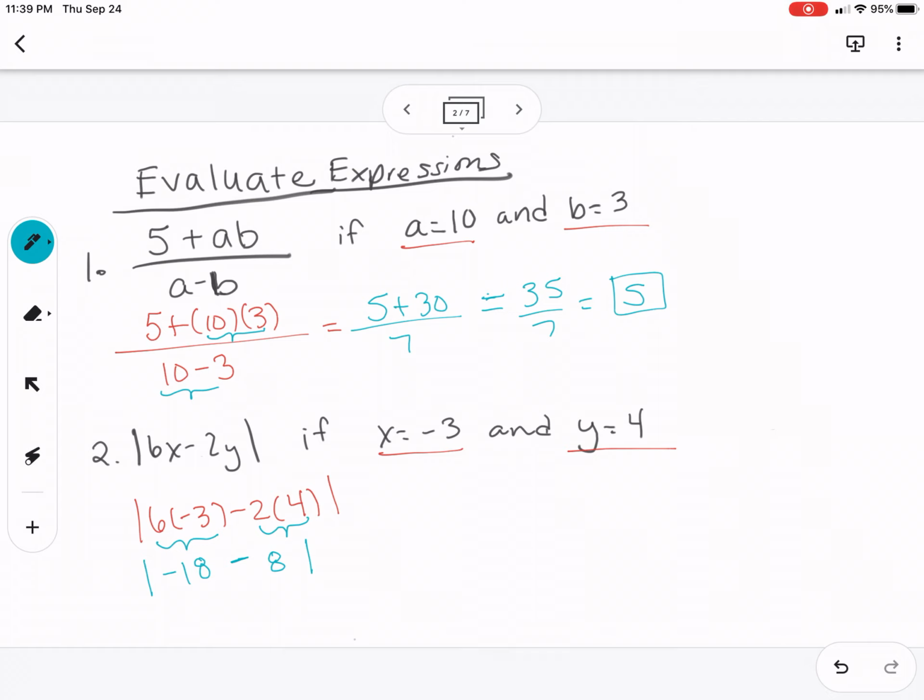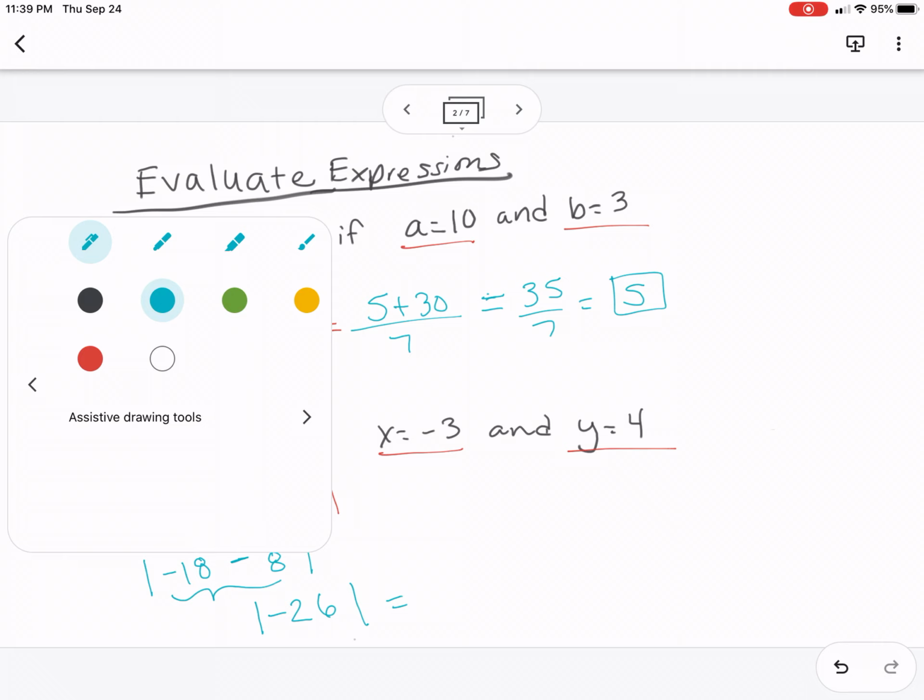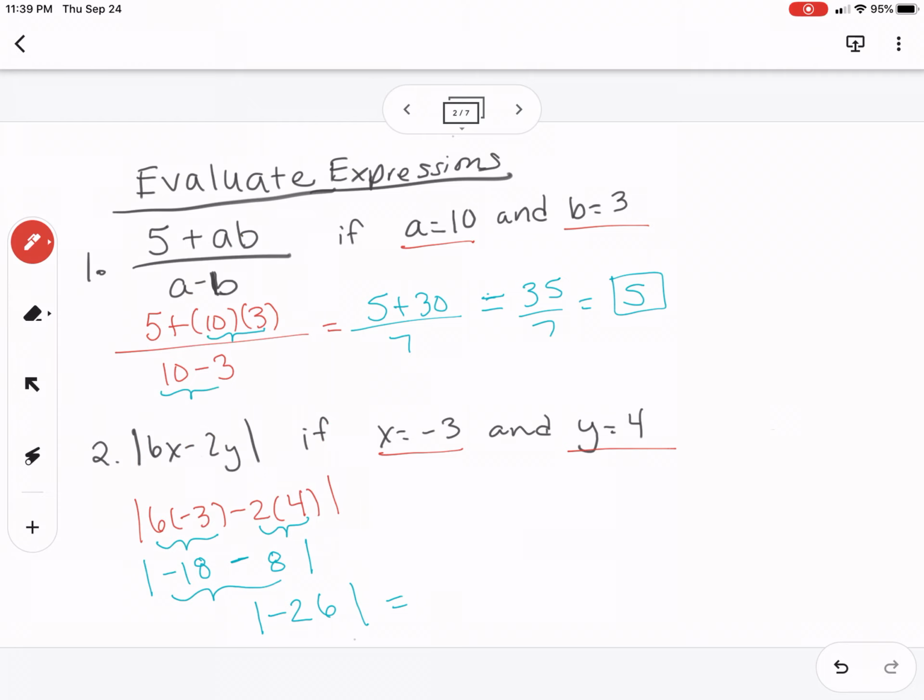Now if I do -18 minus 8, those are same signs, so we add and keep. So we get an absolute value of -26. And we learned that absolute value, whatever's in it, always becomes positive. So in the end, the absolute value of -26 becomes a positive 26.